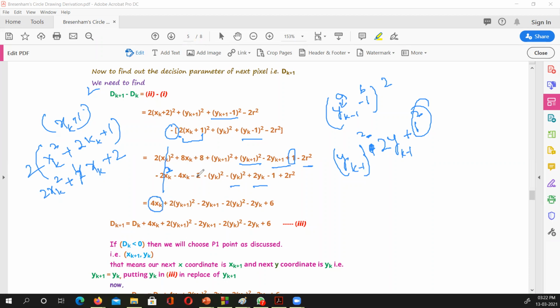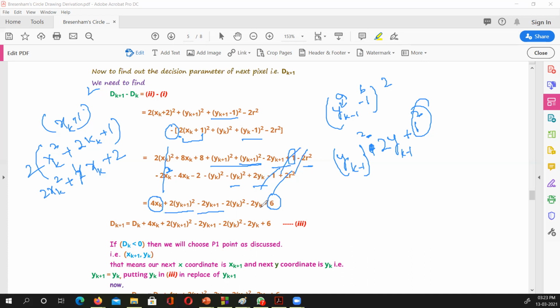You can calculate yourself. 8 में से 2 बचेगा तो ये 6 बच गए यहाँ पे, और फिर yk प्लस 1 का स्क्वायर है, और ये yk प्लस 1 का स्क्वायर, that is twice yk plus 1 square, that is here, minus twice yk plus 1, that is here. Okay, minus 2r और प्लस 2r भी खत्म हो जाएगा, ये प्लस 1 माइनस 1 भी खत्म हो जाएगा, और ये 2yk माइनस है, और माइनस twice yk, ये बच गया यहाँ पे, ठीक है.